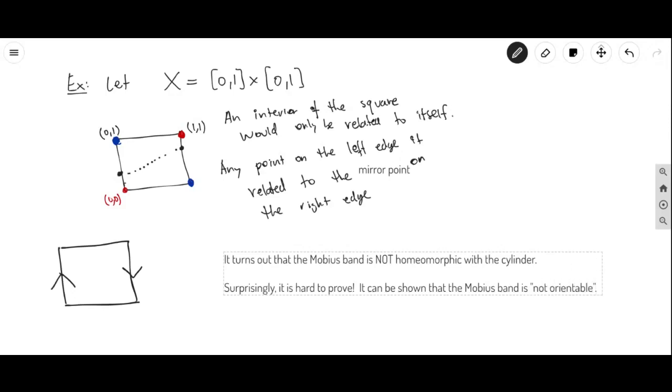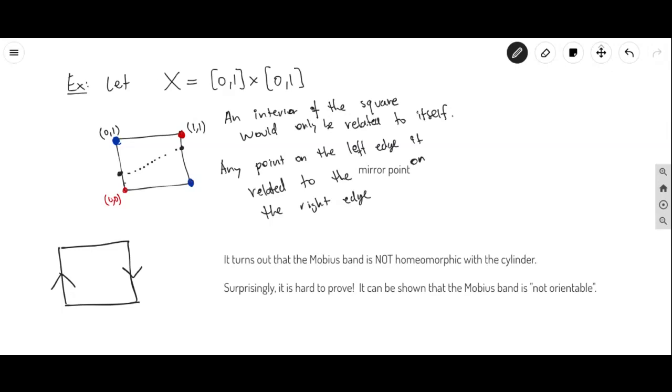The intuitive understanding of not orientable means it has one side, whereas the cylinder has two sides. But as far as a mathematical proof is concerned, that's not very rigorous. And it's just interesting that when you try to write a rigorous proof for why the Mobius band is not homeomorphic with the cylinder, it really takes quite the effort to show that. But it's just a known fact that they're not homeomorphic.